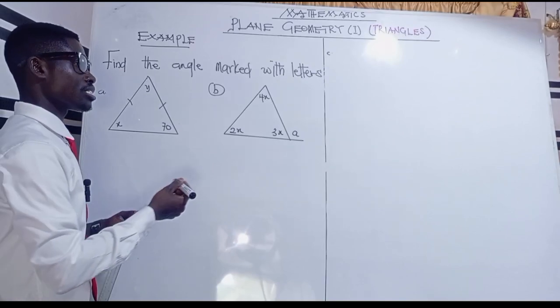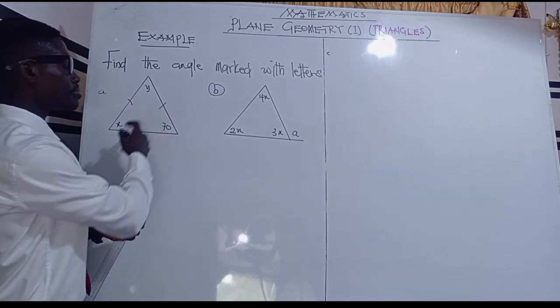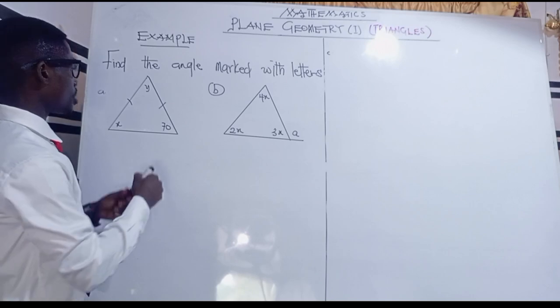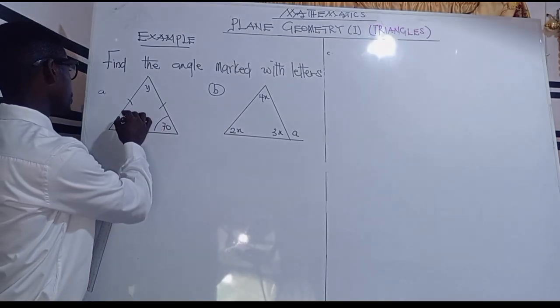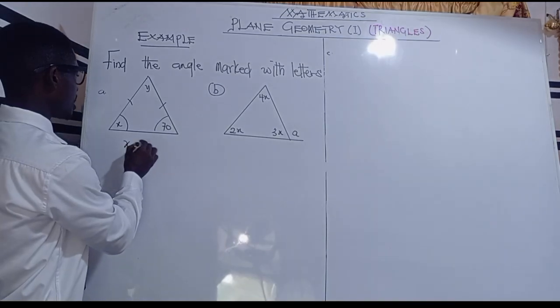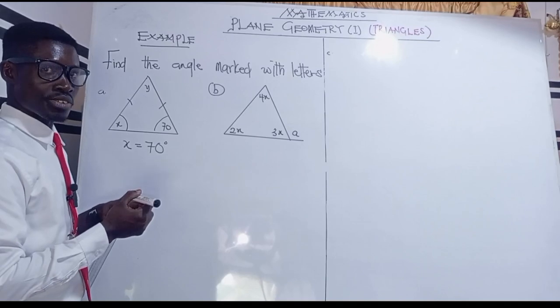Some of the properties of an isosceles triangle are that it has two sides being equal, and then the base angles too are equal. So these are the base angles and they are equal. So we can say that our x is equal to 70 degrees. Do you agree with me?